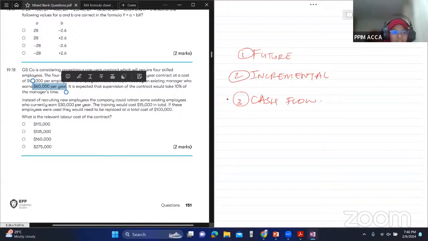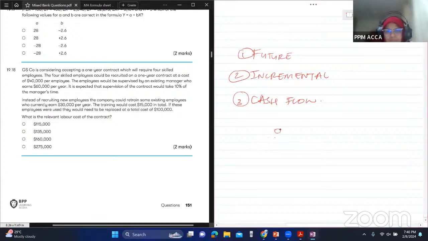So it's asking what is the relevant labor cost of this contract. There were two options. We can either go for option A or option B. So let's first find out what is the total cost of the two options. So we had option 1, which is to get new employees. So let's write that option 1.